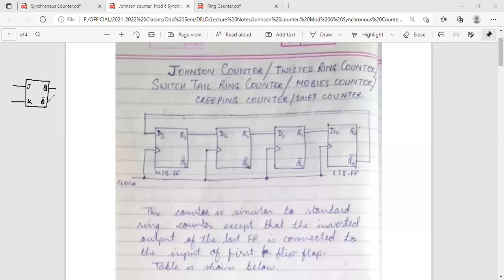If, instead of giving different inputs J and K, we complement the input with respect to the other input, what you can see here is that we are providing inputs at J and K which are the complement of each other, as we have introduced an inverter here. Here we have put a NOT gate. We also call this NOT gate an inverter.